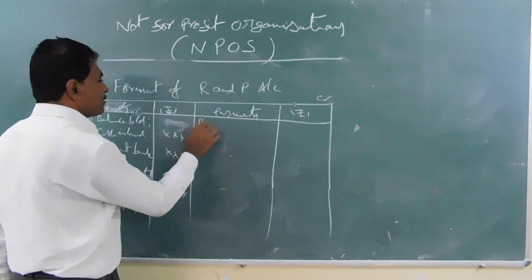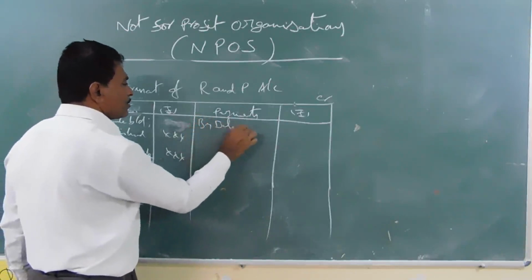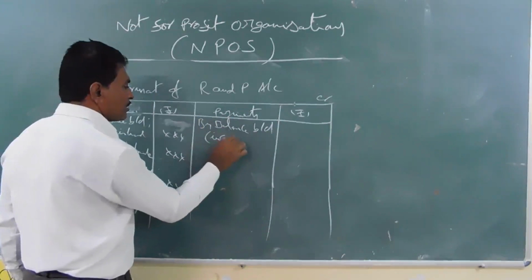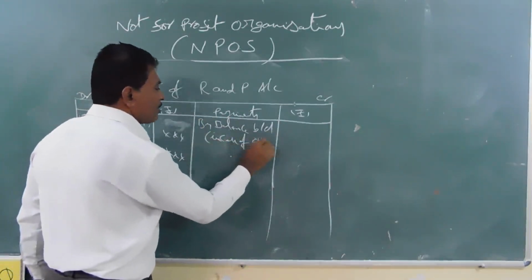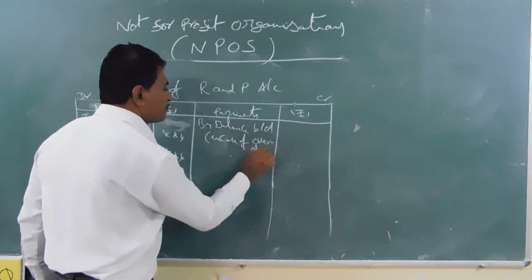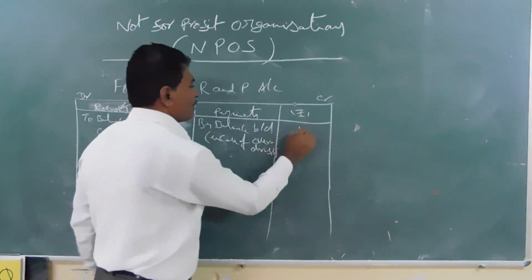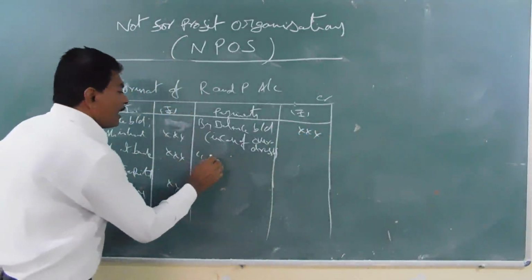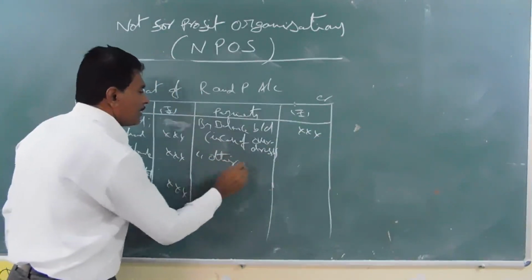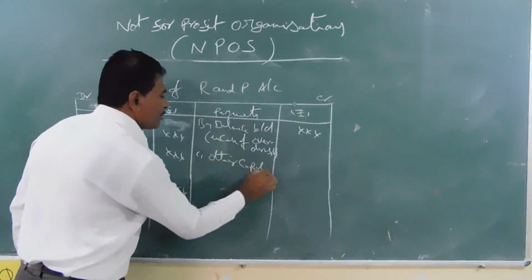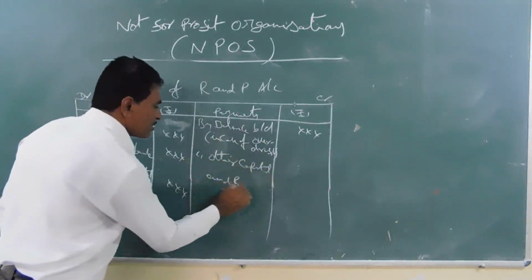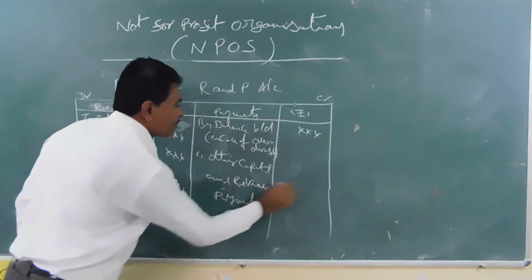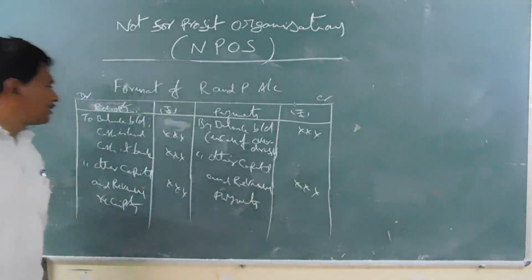Similarly, on the credit side, by balance brought down, in case of overdraft. Similarly, by other capital and revenue payments. So like this, it must be shown.